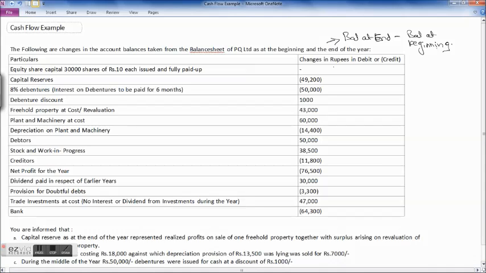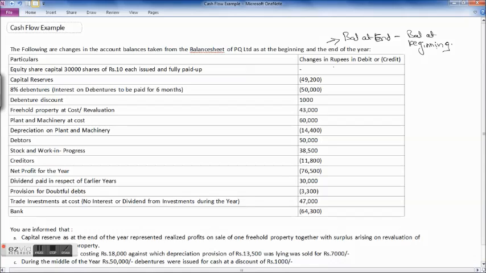And interest on debentures to be paid for 6 months. Then debenture discount 1,000. So there is some debenture discount, and the amount is 1,000, so there is an increase in the debit balance of debenture discount by 1,000.